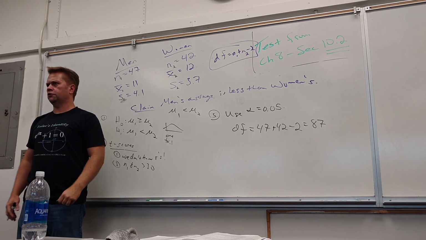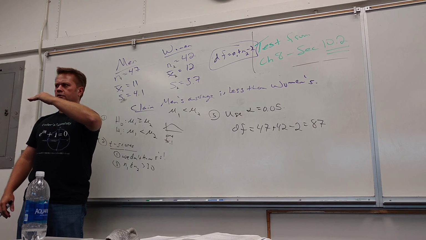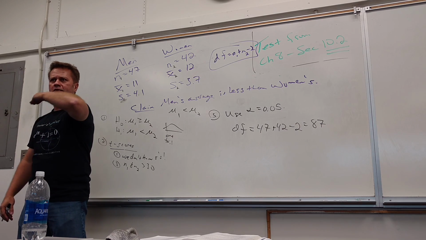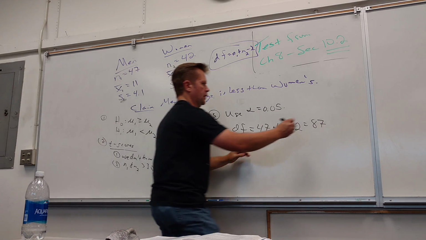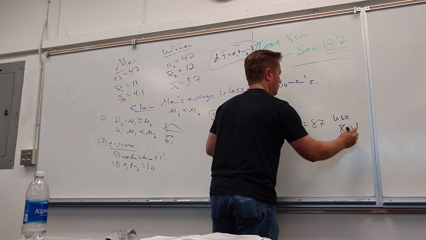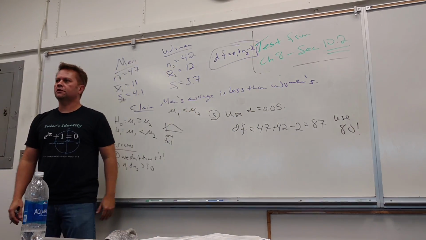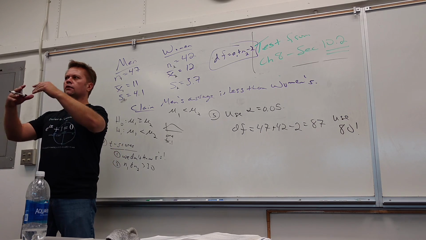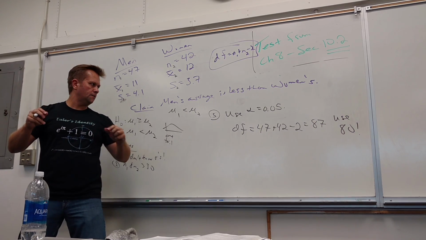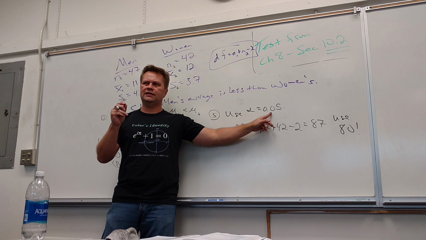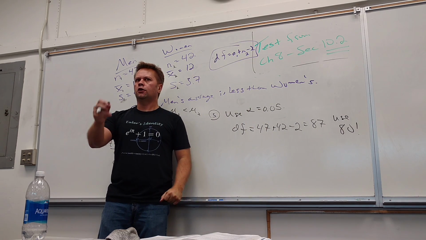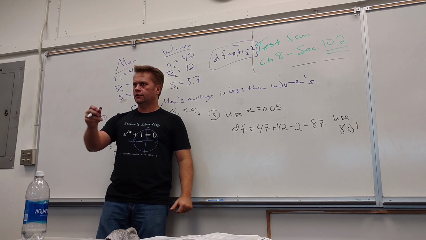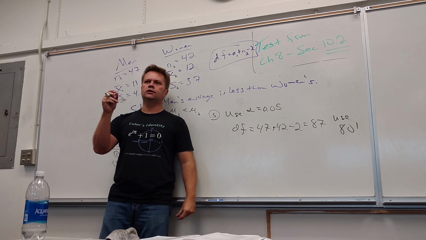And your chart only goes from 80 to 90, right? So we're going to use 80, to be more conservative. If I really want this to make sense, the smaller the alpha, is that a harder or an easier test to pass, like to get into the rejection region?